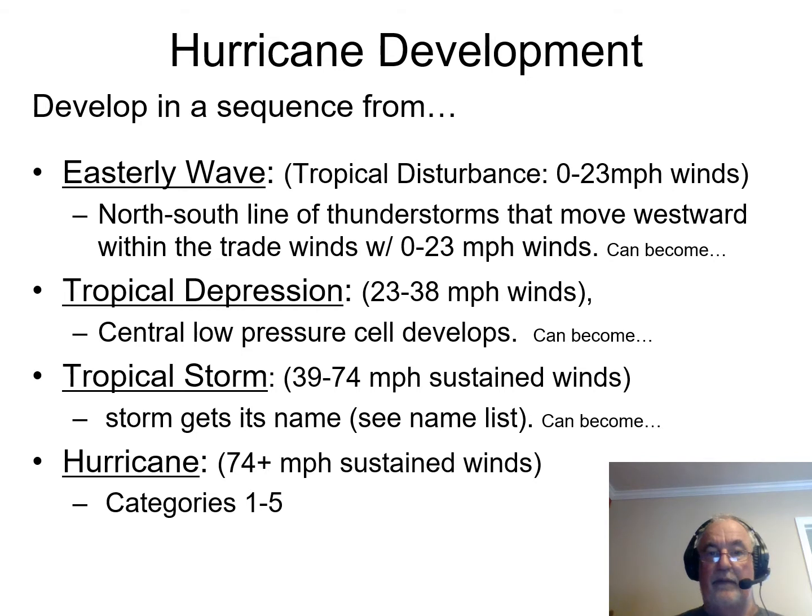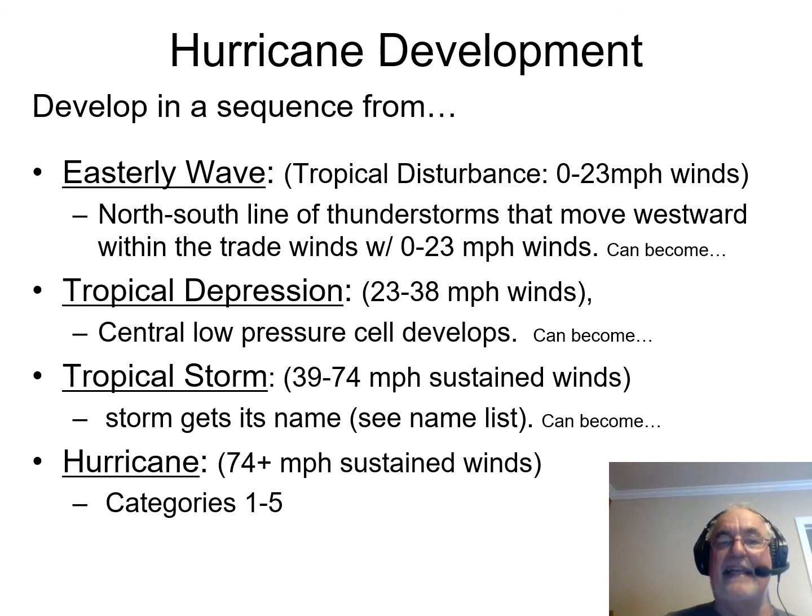As it spins, it can pull air in from further and further afield. If the sustained winds, meaning blowing for more than a minute continuously, reach 39 miles per hour or greater, we now call this a tropical storm. So tropical storms are storms of the tropics over the oceans with sustained winds over 39 miles per hour.